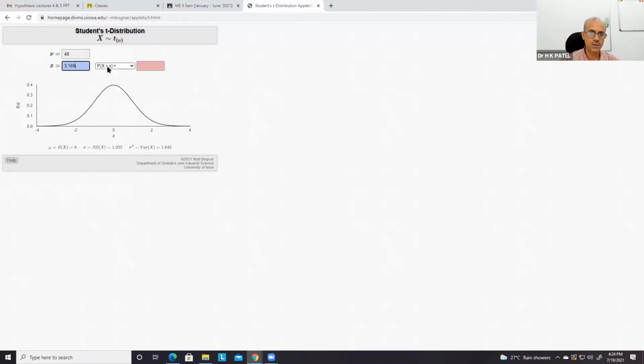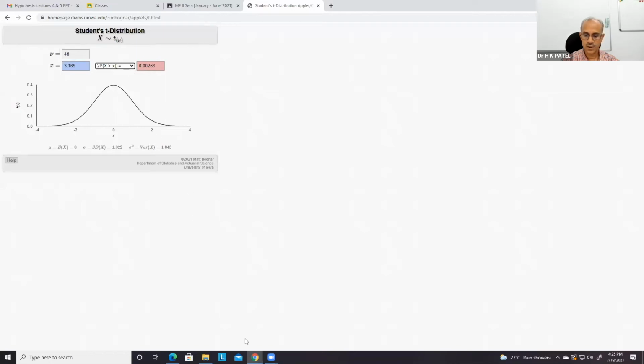And we want which area? P x greater than, there are options here: x greater than x, x less than x. 2 times we can directly find this.